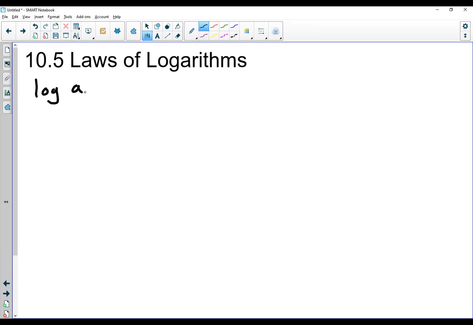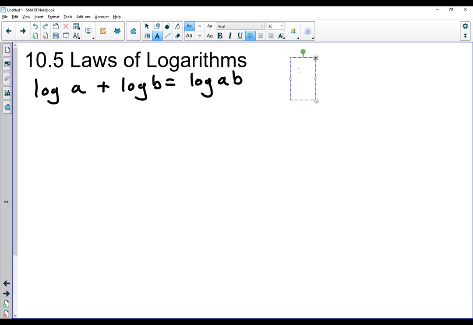Log A plus log B equals log of A times B. If addition, then multiply.